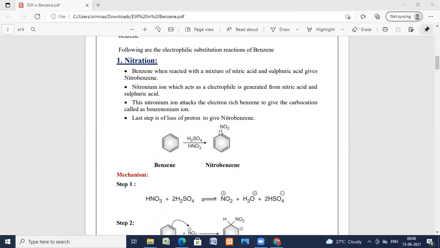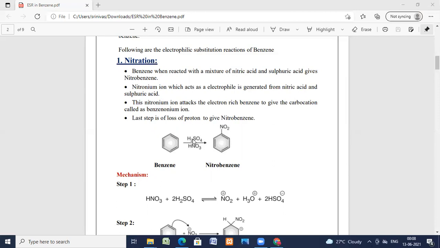Here the mechanism undergoes three steps. Nitration is brought about by treating the aromatic compound, benzene, with the nitrating mixture, concentrated nitric acid and sulfuric acid.